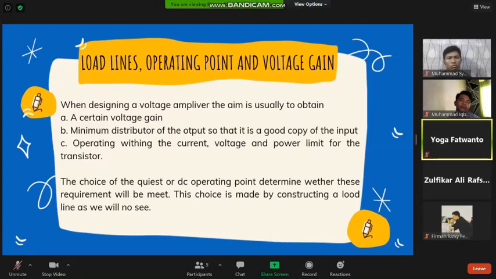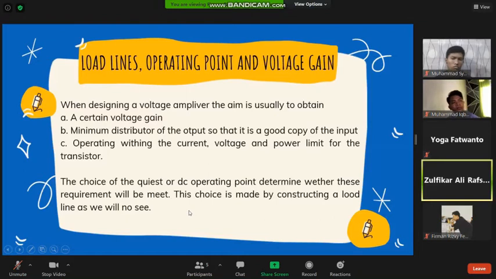Next is load lines, operating point, and voltage gain. When designing a voltage amplifier, the aim is usually to obtain a certain voltage gain, minimum distortion of the output so that it is a good copy of the input, and operating within the current, voltage, and power limits for the transistor.